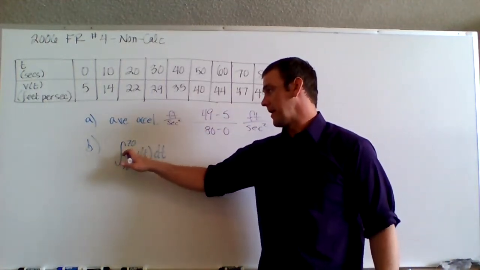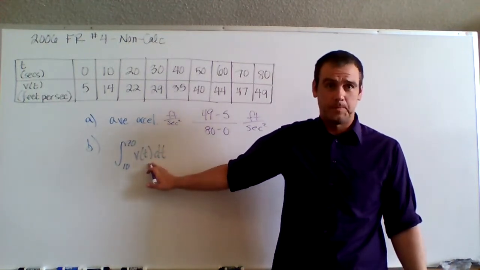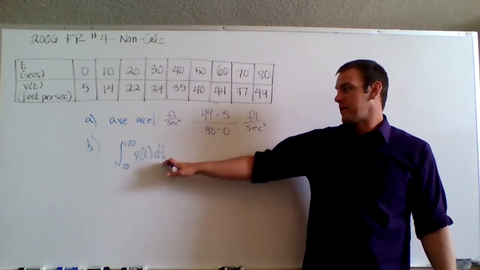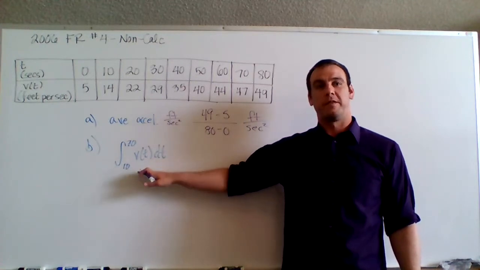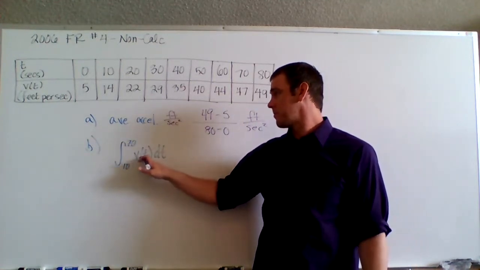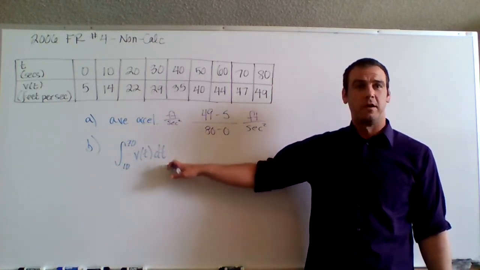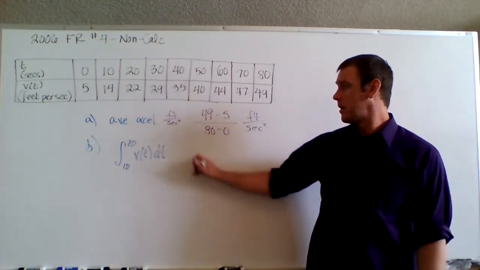So remember, if you integrate velocity, it's not going to give you a distance. Okay, so technically this would be the displacement of the rocket from 10 to 70 seconds. But they're going to give you credit also for saying total distance traveled from 10 to 70 seconds because it says the rocket is going up.